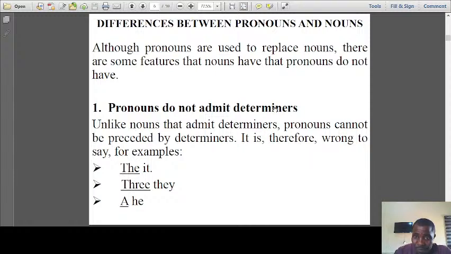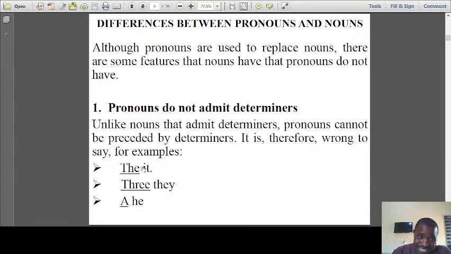But if you want to replace that noun, school, with the appropriate pronoun, which is it, we cannot say the it. The it is located at Yelu. No, we can't say that. The correct sentence will be it is located at Yelu.